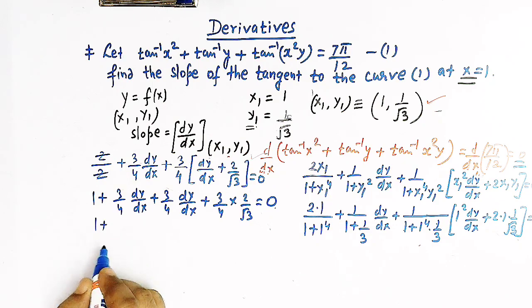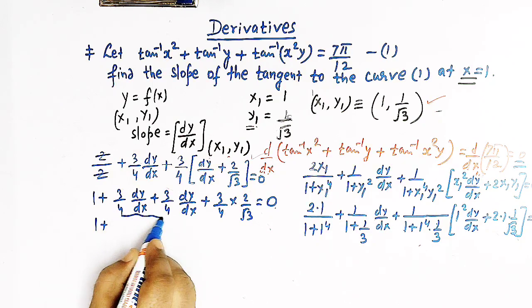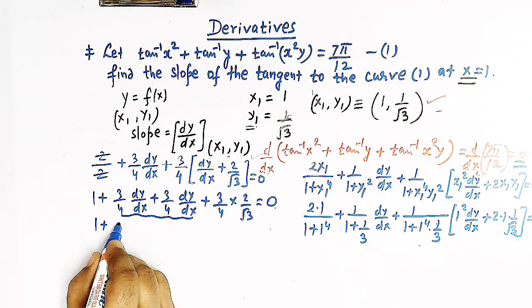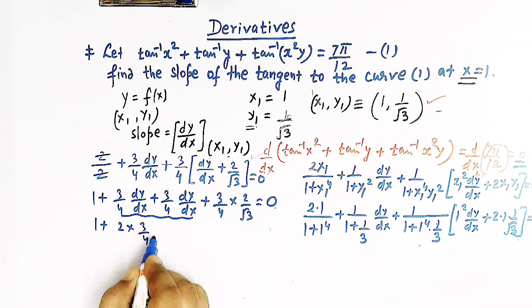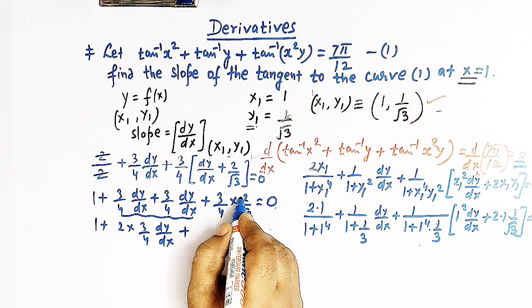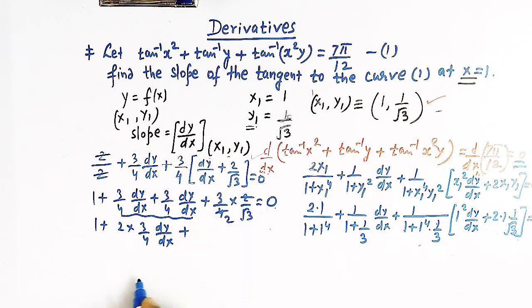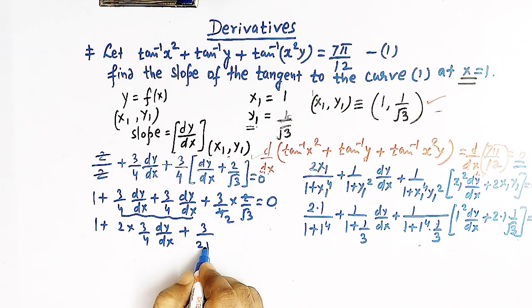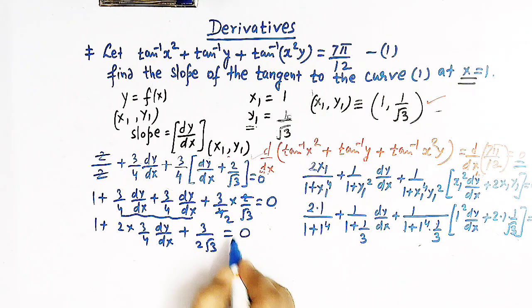So we have 1 plus we can add these two quantities. So we have 2 times 3 over 4 dy over dx, and here this is 2 times 2 is 4, that is 3 over 2 root 3 is equal to 0.